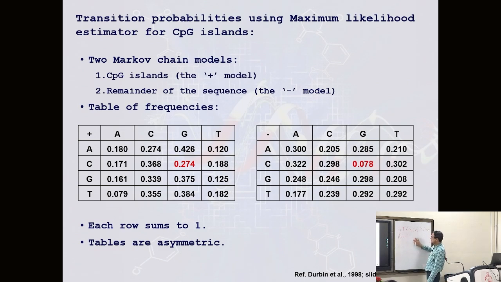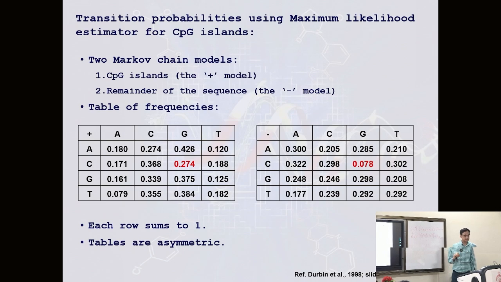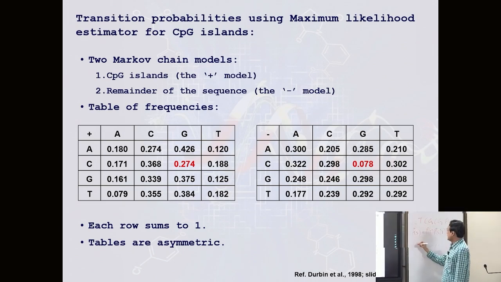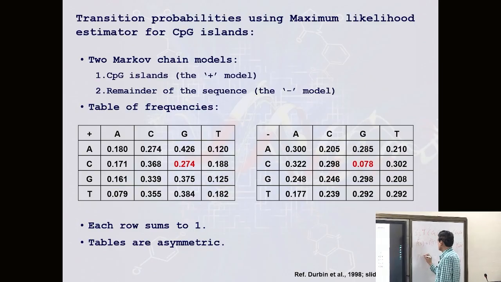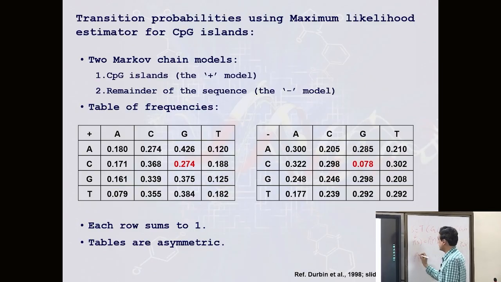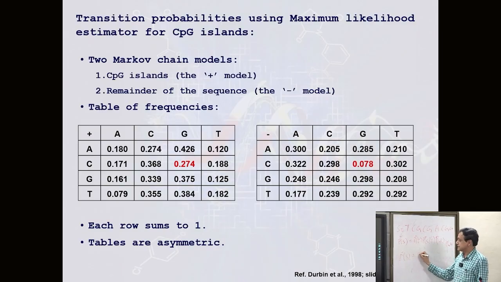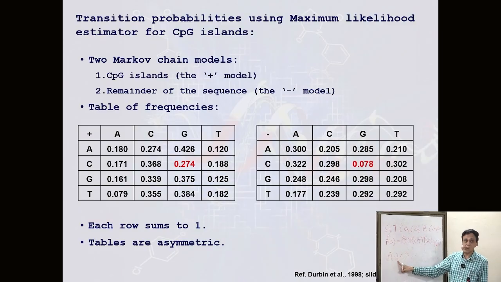Model order 1: probability of T, then transition probability of C given T, then probability of G given C, and last probability of G given G. Then I will put plus as superscript over P. And then the probability of the sequence S to be a non-CpG island sequence, so minus.